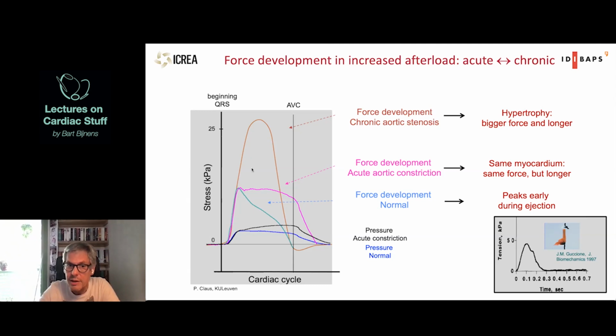So you can deal with the pressure loading, but you're partially compromising the early filling. We'll come back to that in a session when we start talking about filling and diastolic function. But this is something you typically see when you look at patients with pressure overload, typically hypertensive patients: they always get early diastolic abnormalities.